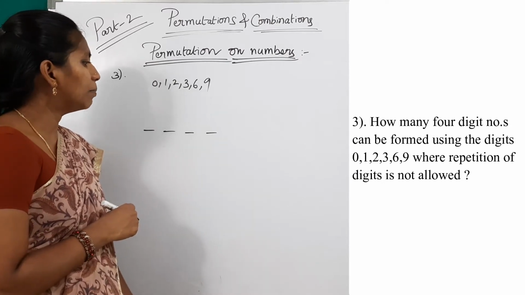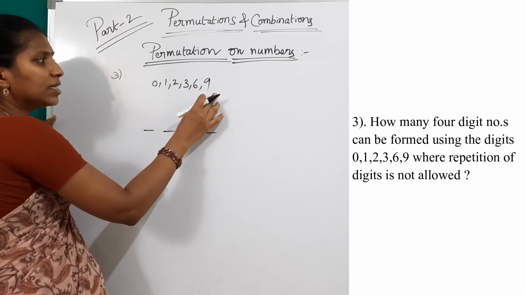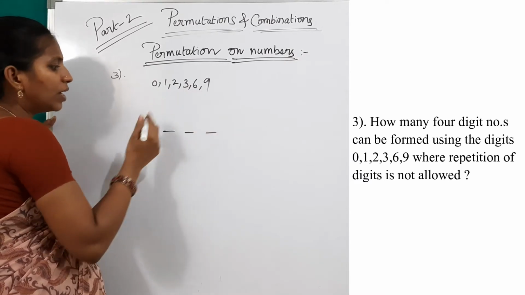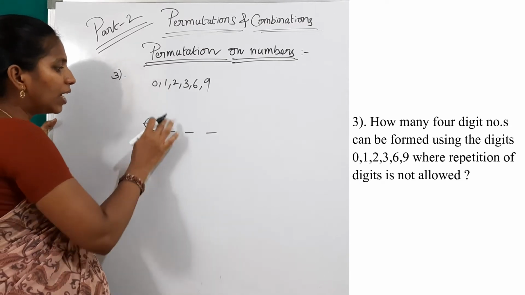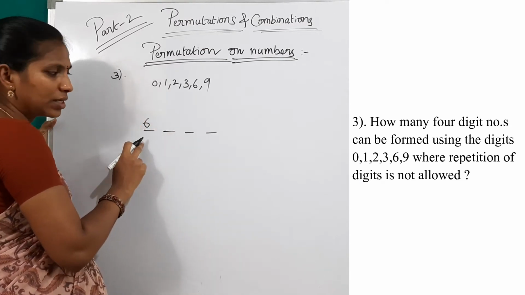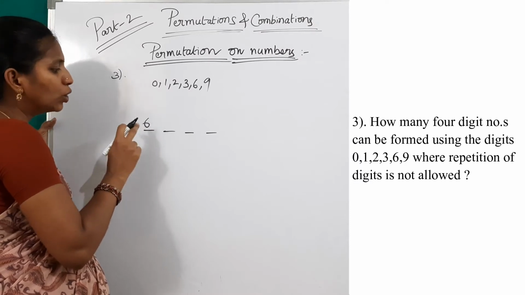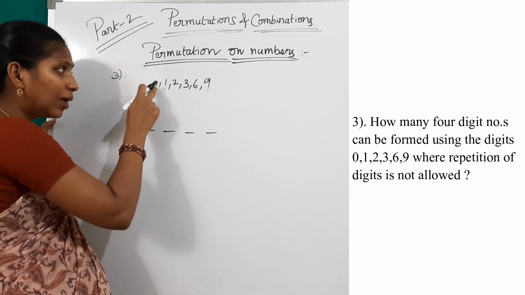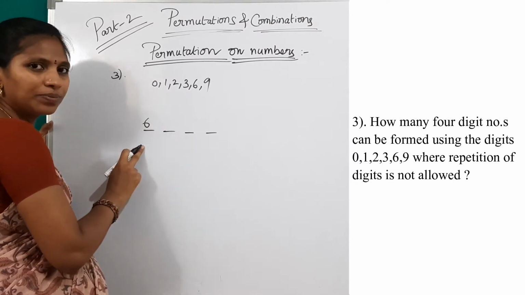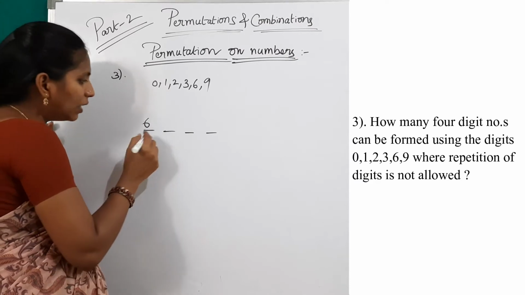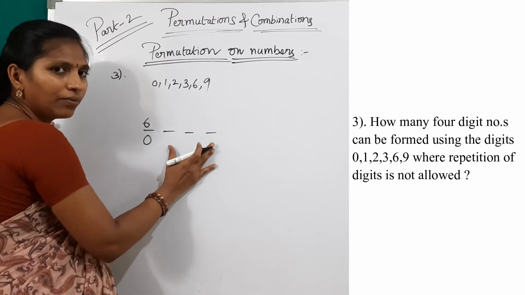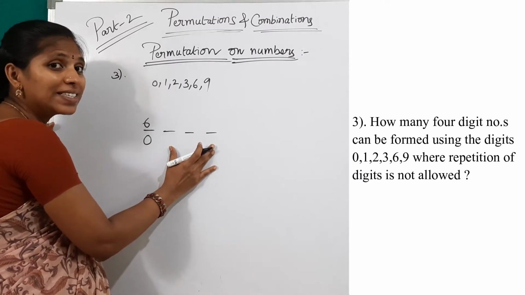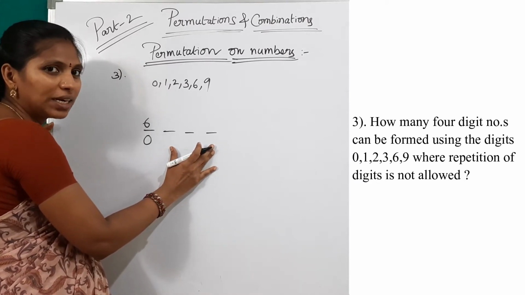Okay, 4-digit numbers. How many digits? 6 digits. For suppose if I write 6 here, if there are 6 possible ways, 6 chances to fill this one, 0 is also coming here. Yes or no? If 0 is here, then we get only 3-digit number, not 4-digit number.